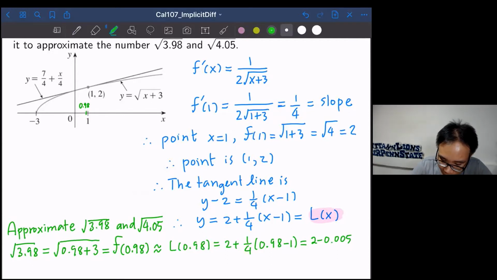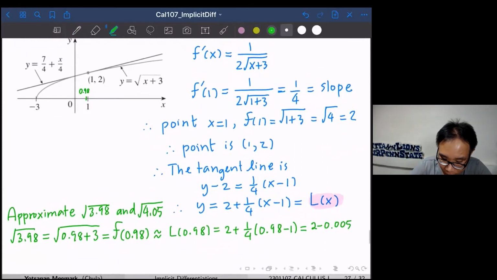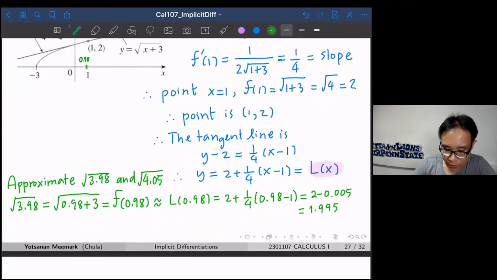So this guy will be equal to 1.995. Okay, so that is going to be the approximation. How about square root 4.05?